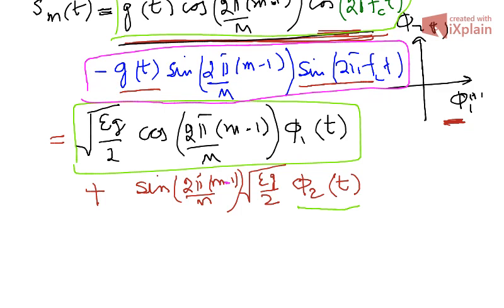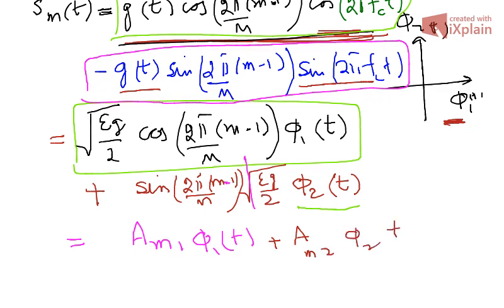Now if you observe it closely and simplify this expression, you have a phase term which depends on A_m1 phi 1 of t, plus A_m2 phi 2 of t.